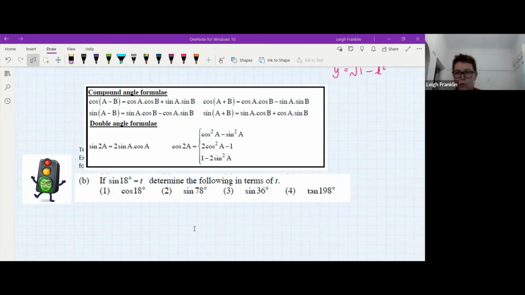Yes, Katleho. Okay, so whenever they give you the variable, it is always written over 1. Absolutely.